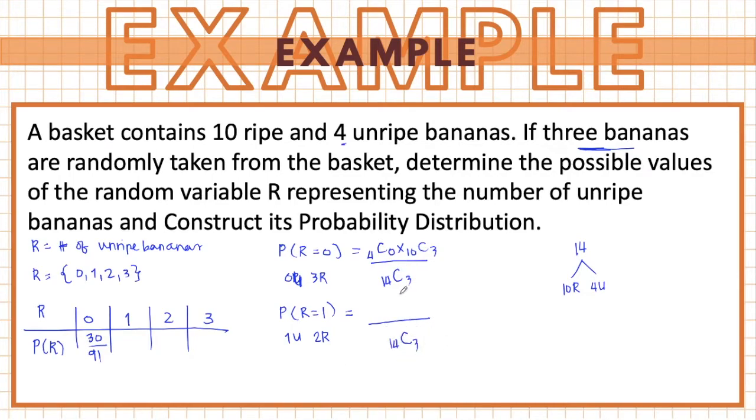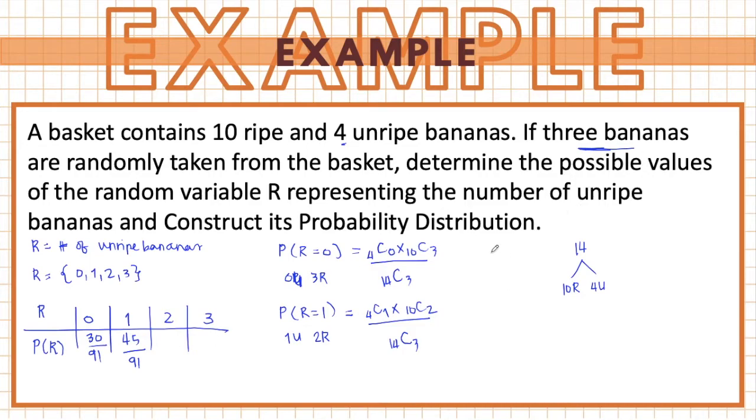Kasi ang pinaka-situation natin, kukuha ng 3 sa 14 na bananas. And then, that will be 4 choose 1, kasi kukuha ng isa sa unripe, which is 4, times 10 choose 2. And then, we compute for the probability using our calculator. This is 45 over 91.